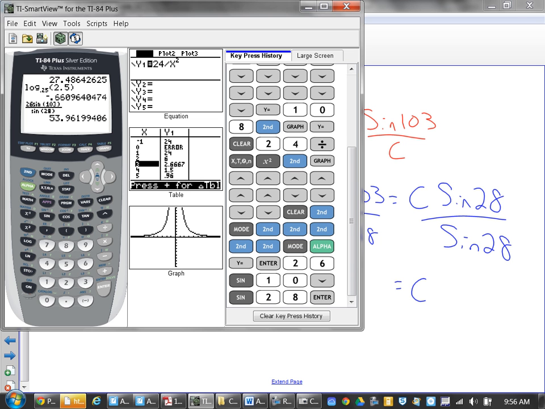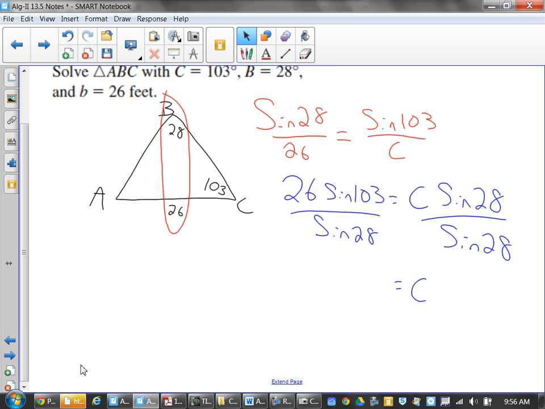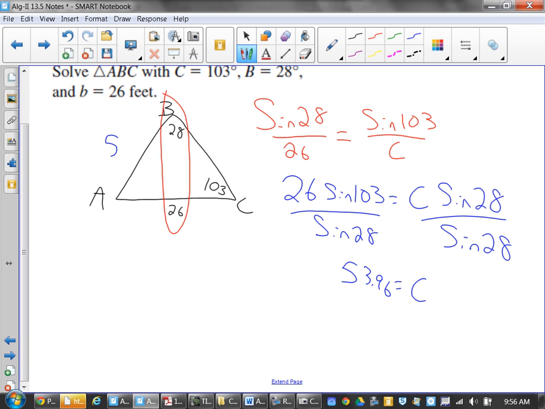So now my side C is 53.96, because it's two decimal places. Then we have to find A.